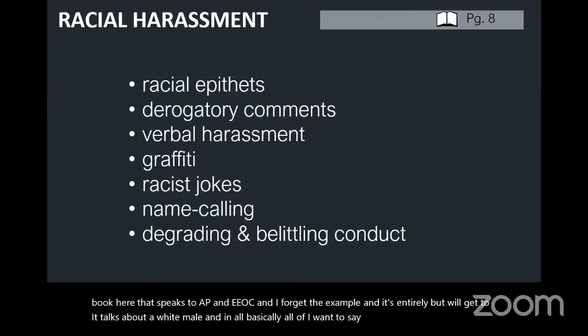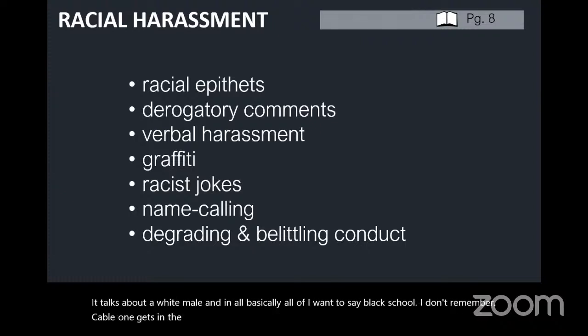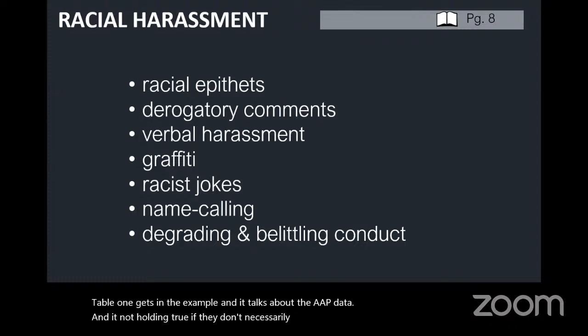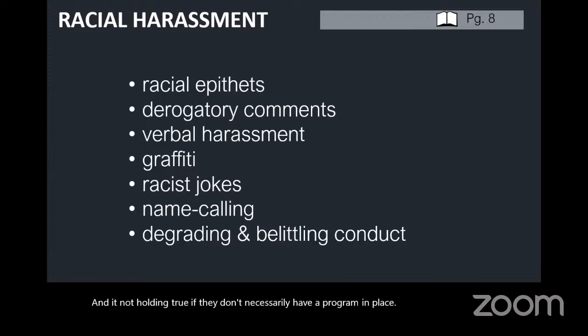I don't remember it, but we'll get to the example, and it talks about the AAP data and it not holding true if they don't necessarily have a program in place. And so just again, along the lines of Title VII, discriminatory practices, there's that racial harassment, right?